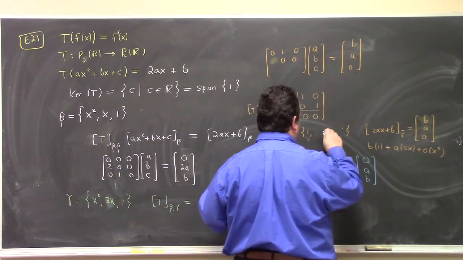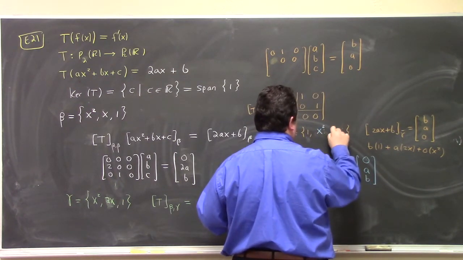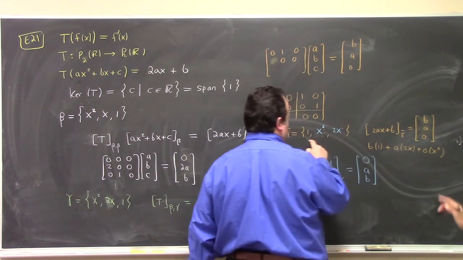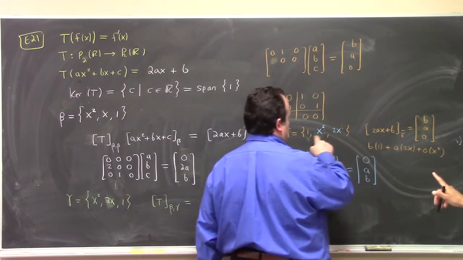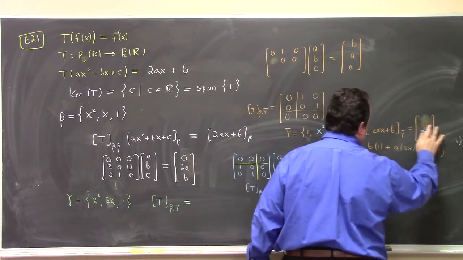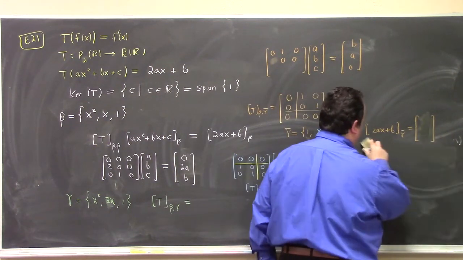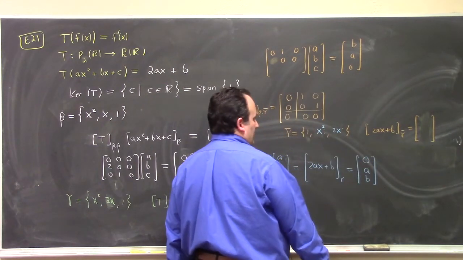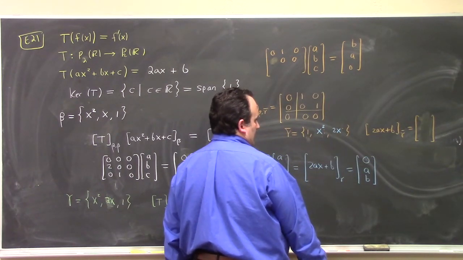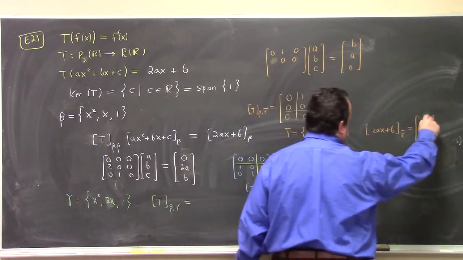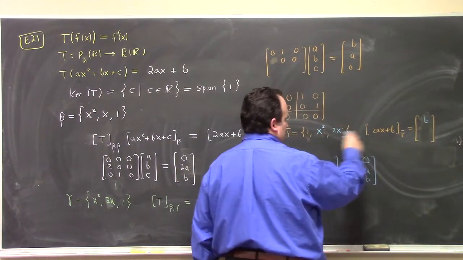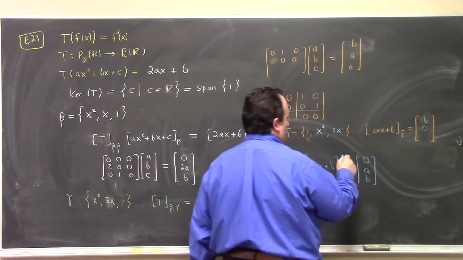Let's see what order matters now. So you get a 0. Well, that would give us whatever here. Wait. I'm sorry, I don't know. b, 0, a.